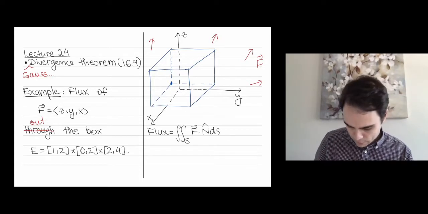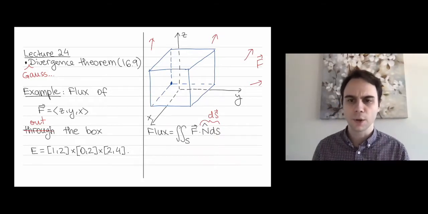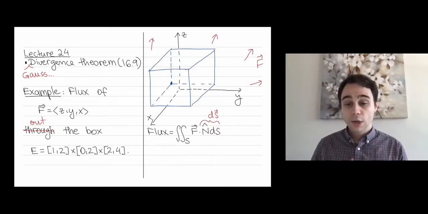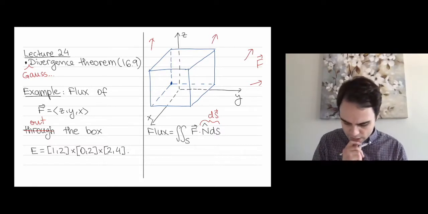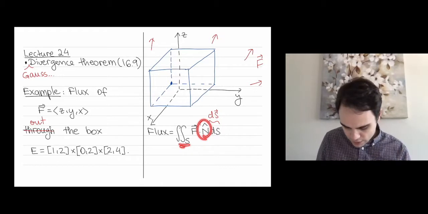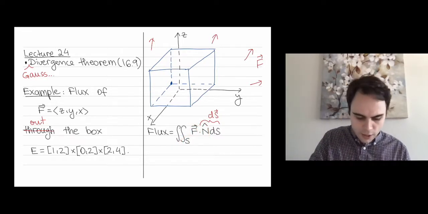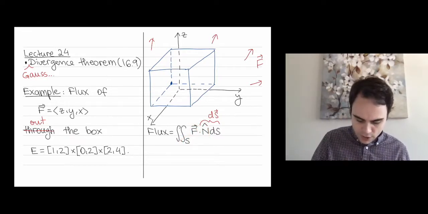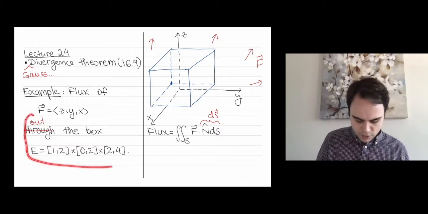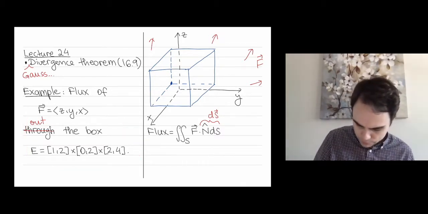I should always remind you that n times dS is the same as dS with an arrow on top of it. Okay, good. So that's what the flux is. When I say flux, I need 3 things to compute it: a surface, a vector field, and I need to specify the normal. Here I'm going to use the outward normal in this example.